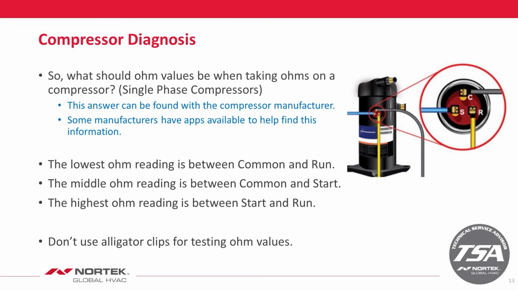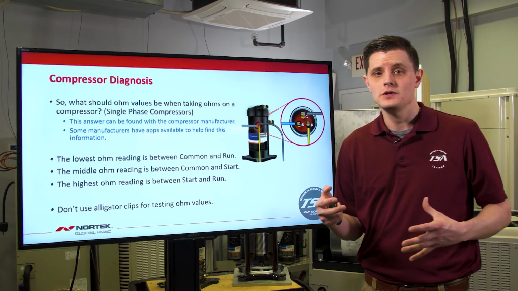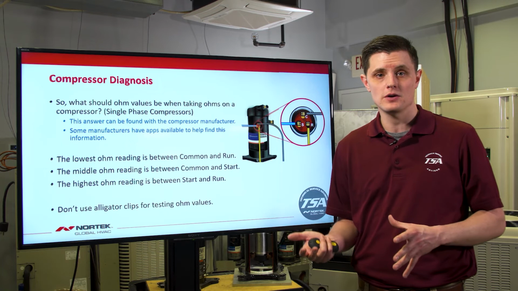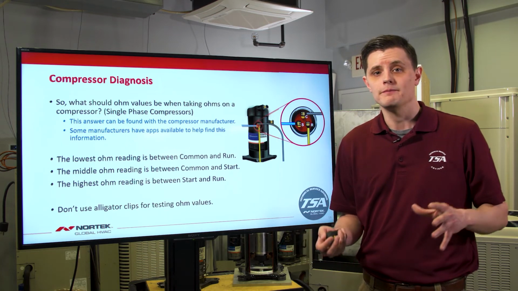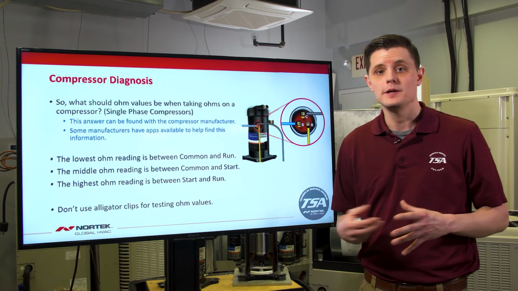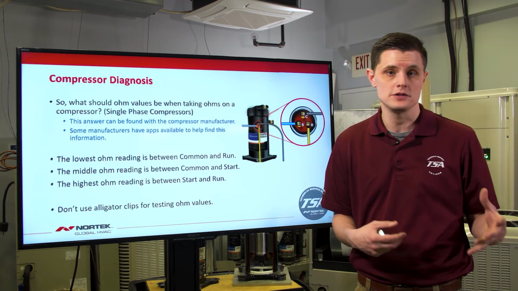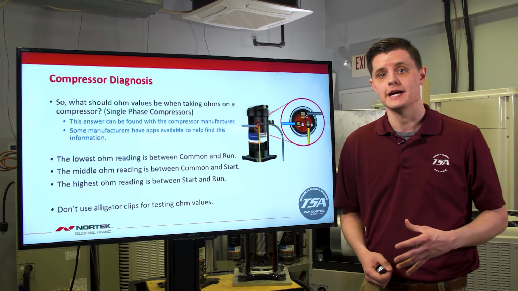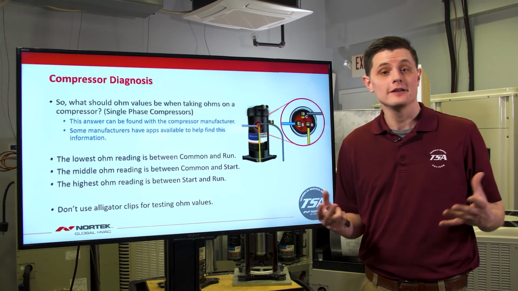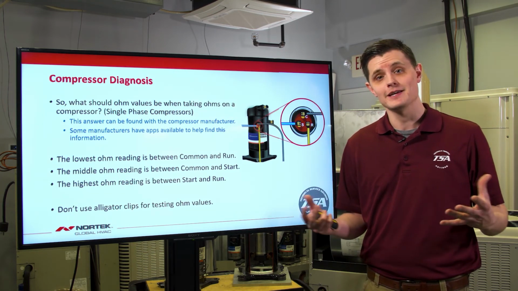It all comes down to the overall connectivity of the actual meter lead instead of the alligator clip that you would maybe use out in the field. Because if you don't have a solid connection on your terminals, you may get a different reading depending on if you use your alligator clips versus just your meter leads themselves. So with that being said, let's take a look at a compressor and see what that looks like.